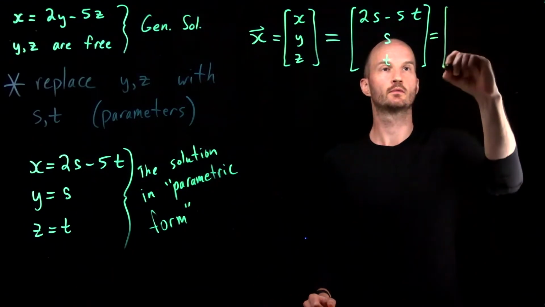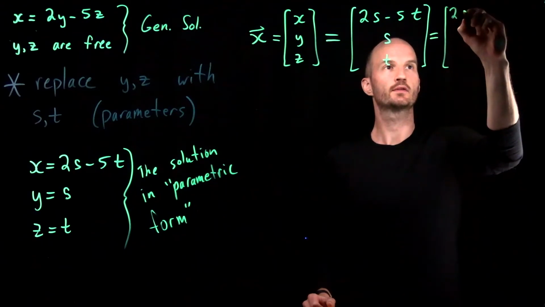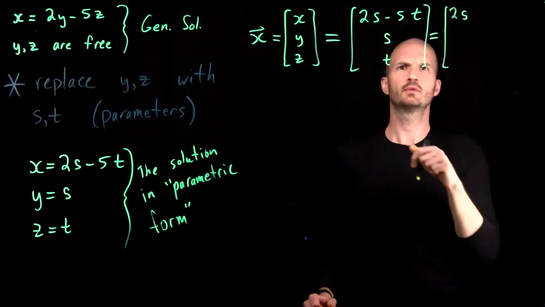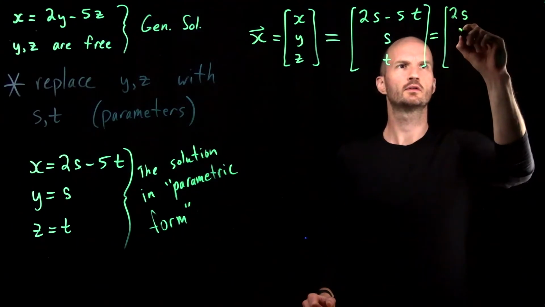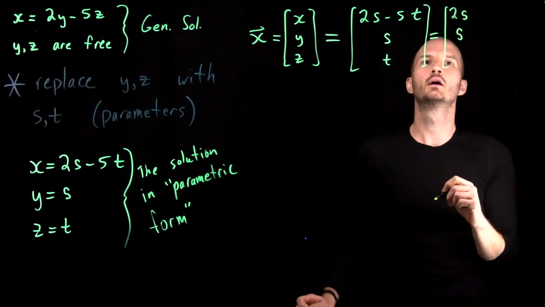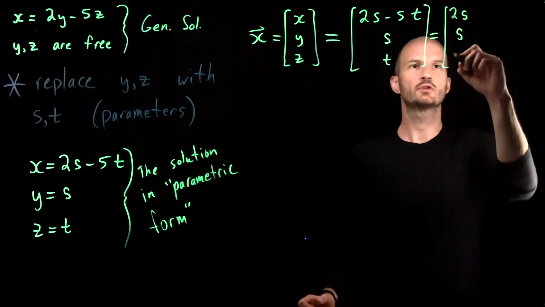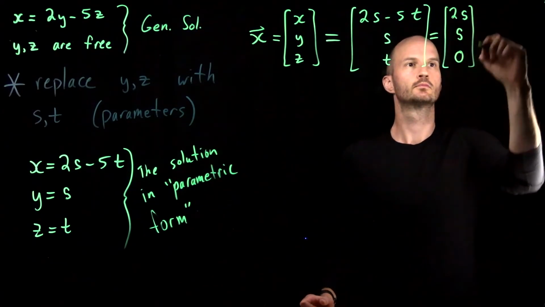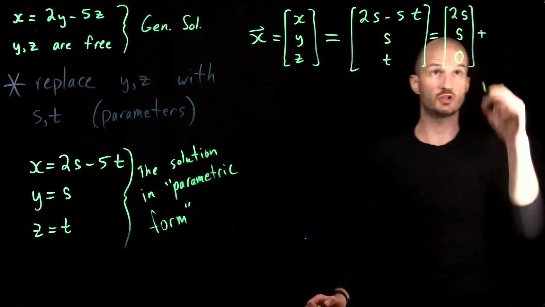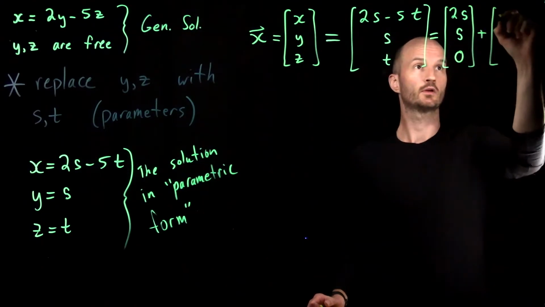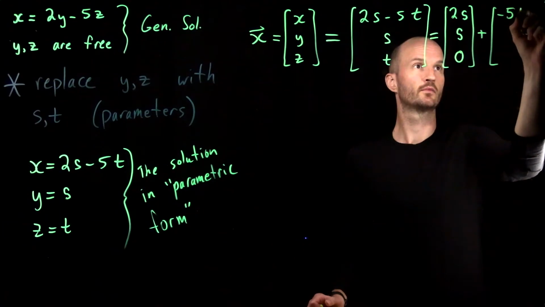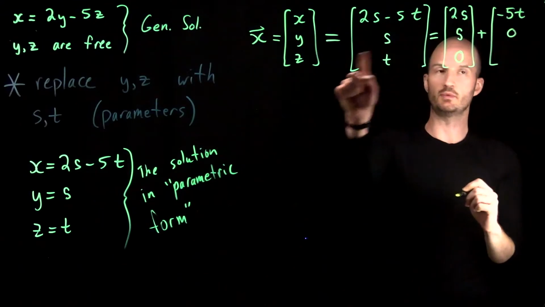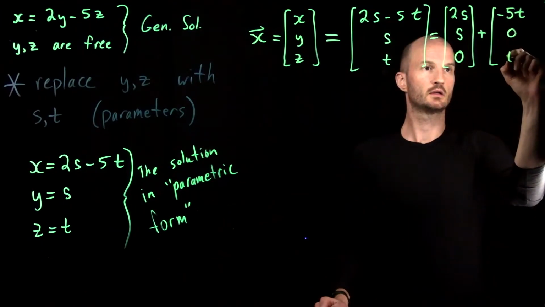You get 2s from the first entry, and then you get just s from the second entry, and I'm going to need a 0 here because there's no s appearing here, plus a vector involving just t. So I'm going to get minus 5t. I'm going to need a 0 here because there's no t appearing here, and I'm going to have a t like that.